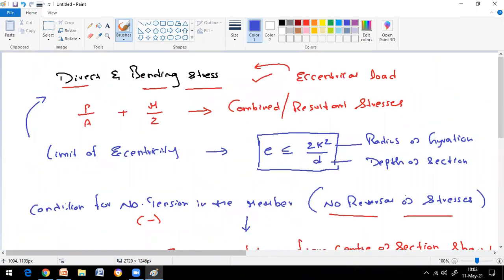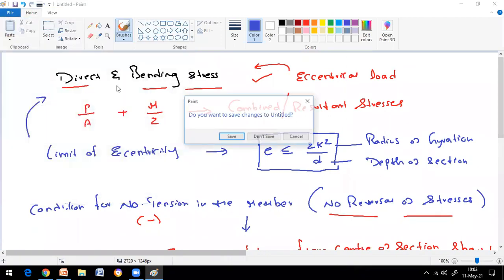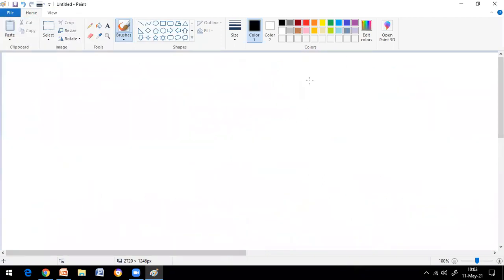So today we are going to discuss a new topic, which is very, very important. In the same direct and bending stresses, we have to see the real applications of direct and bending stresses.